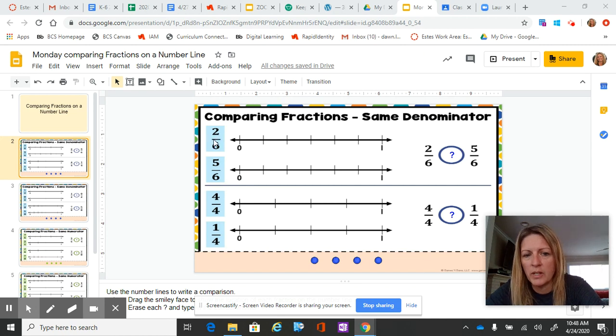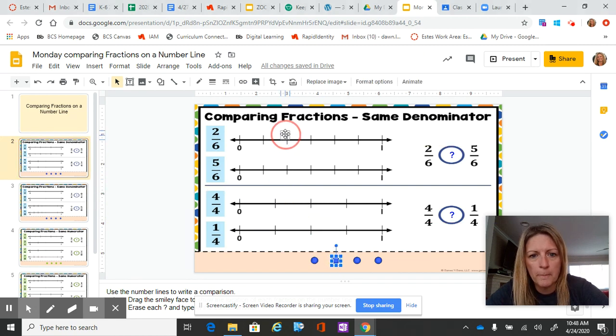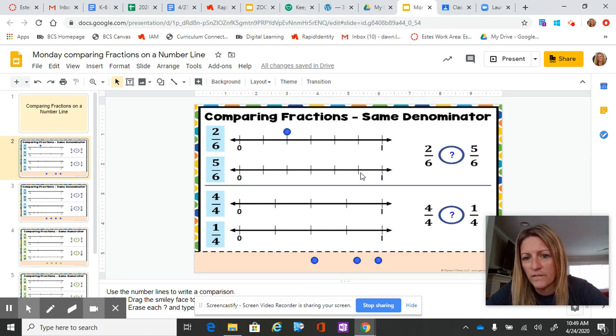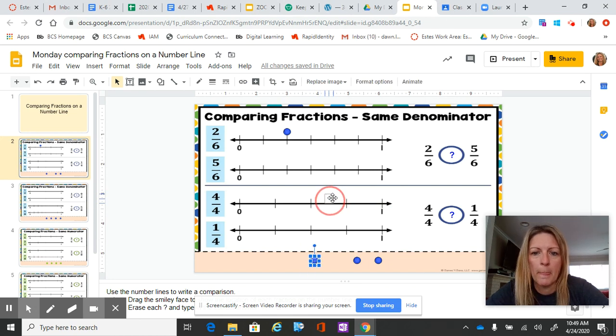So on this line, we're trying to find where 2/6 is, or 2 of the 6 sections. We're going to put a dot there. And then on the next line, I'm looking for where is 5/6. 1, 2, 3, 4, 5 of the 6 parts. So I'm going to take a dot and put it there.